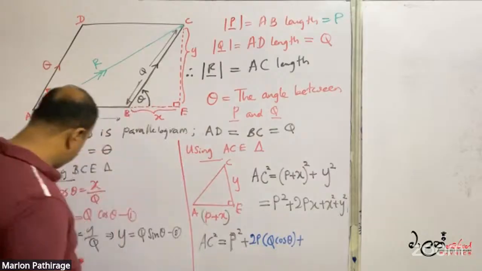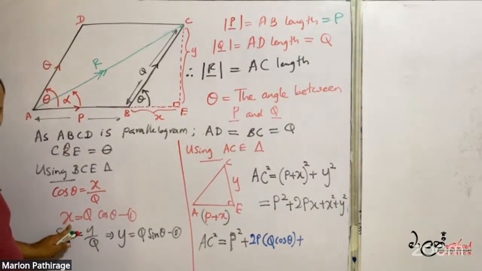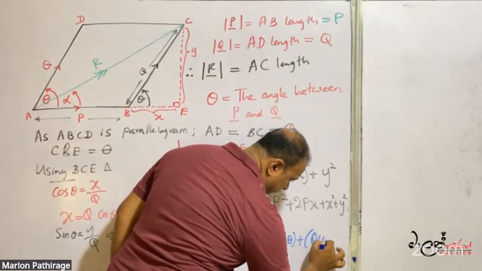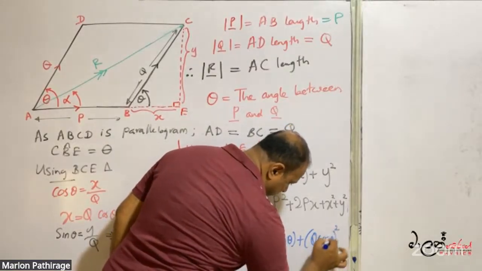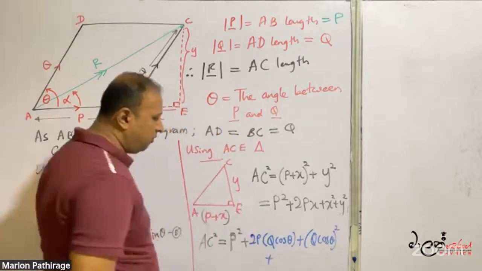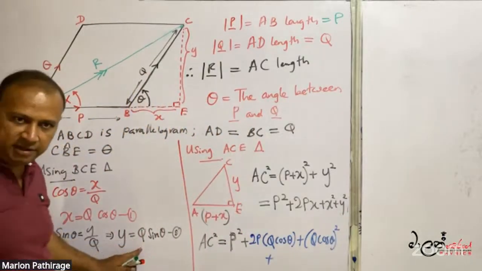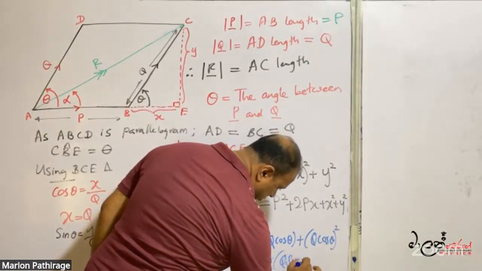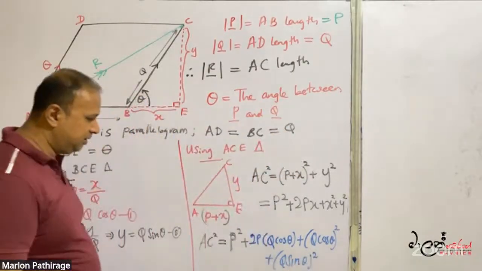X squared means (Q cos theta) squared, plus Y squared means (Q sin theta) squared.